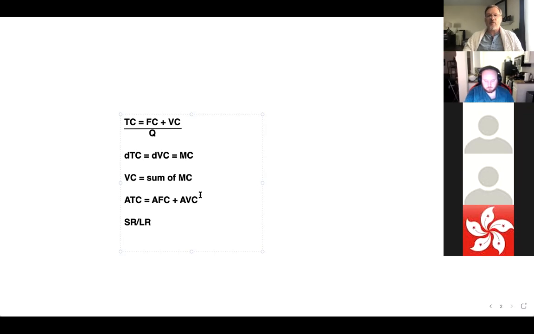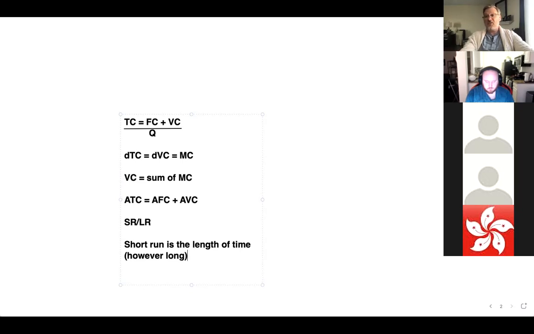The definition of the short run in economics is the length of time, however long, where the production cannot be altered with respect to at least one input.